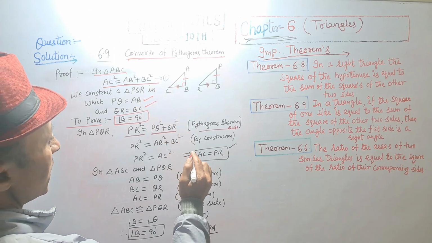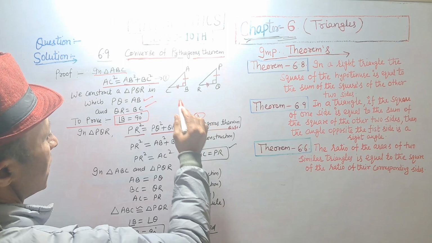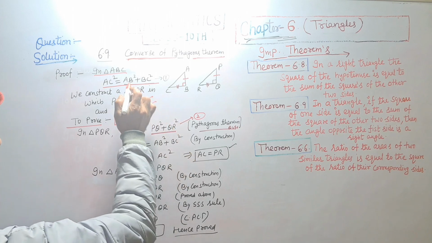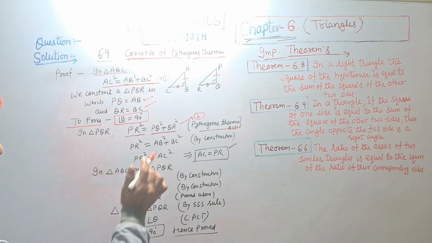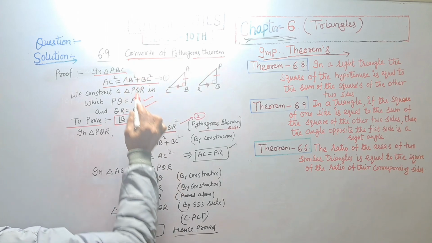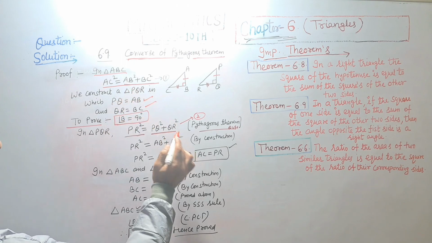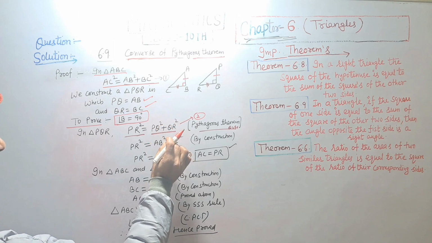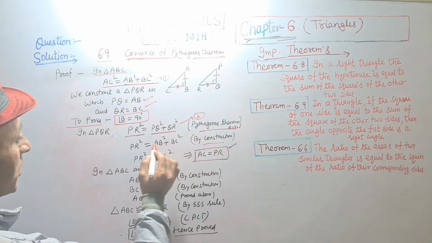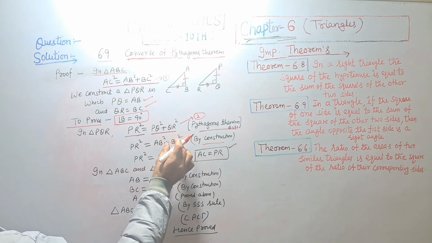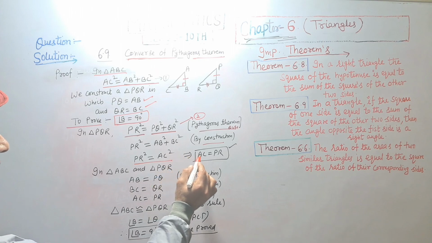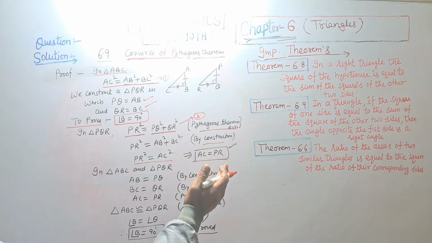So from equation first and second, we get AB square plus BC square is equal to AC square, and PQ is equal to AB, so PQ square equals AB square, and QR is equal to BC, so QR square equals BC square. By construction, AB square plus BC square is equal to AC square. So PR square equals AC square, and AC is equal to PR.